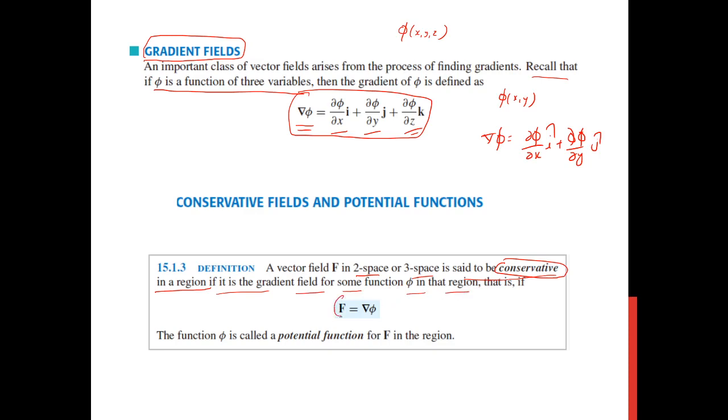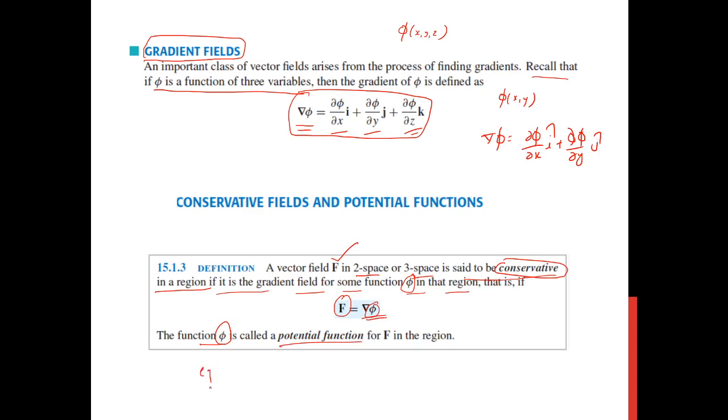That means if this vector f is a gradient of some function phi, that is f equals del phi, then we say that this vector field is a conservative vector field, and this scalar function phi is called a potential function.